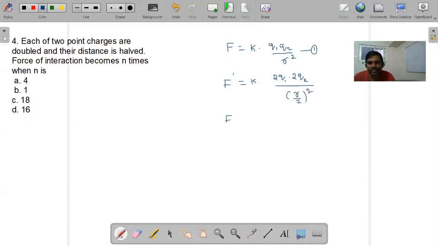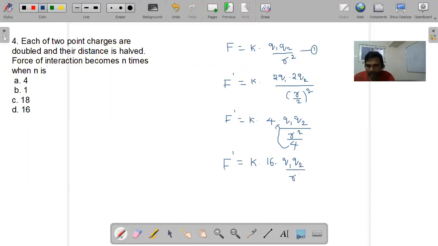So F dash is equal to k into 2 to the 4 times of q1 q2 whole divided by r square by 4. When you bring this 4 to the numerator, then it will become F dash is equal to k into 4 into 4, that is 16, into q1 q2 by r square.